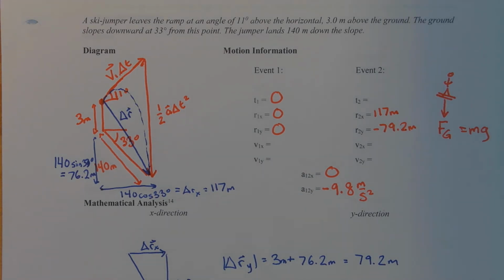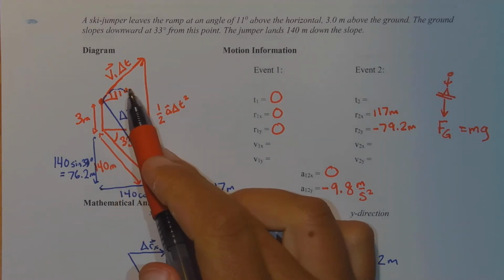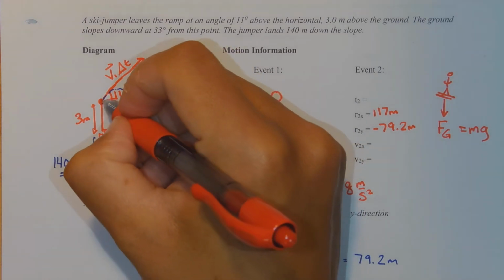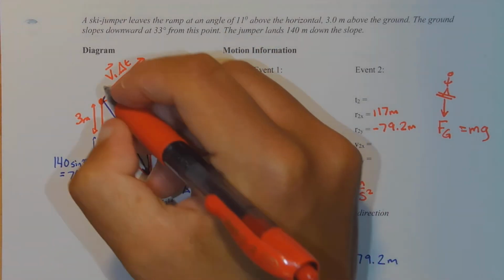Okay, now what else can I figure out from my diagram? So I looked at the delta r vector. Now I want to look at the initial velocity. If I do the x component of the initial velocity that's going from here to here, that must be equal to delta rx.